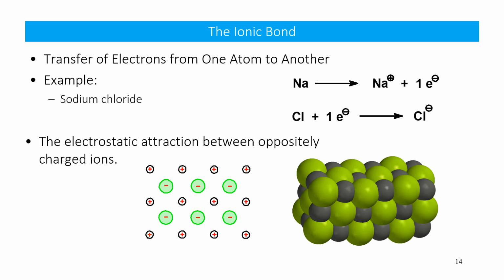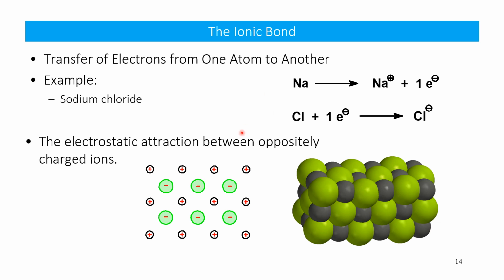Chlorine, on the other hand, will accept electrons. So sodium now has a positive charge. The chlorine now has a negative charge. So we have the sodium ion and the chloride anion, and they attract each other electrostatically, and they are stacked in a type of lattice structure. This is an ionic compound.